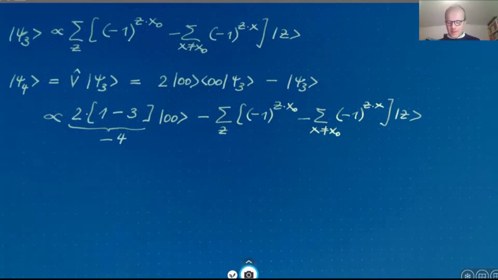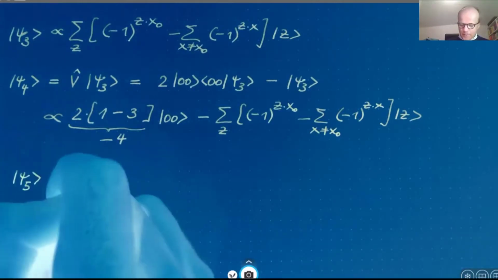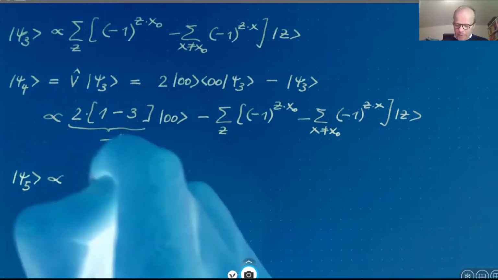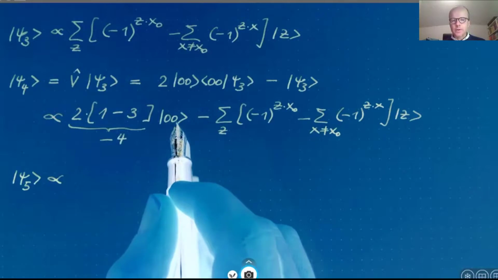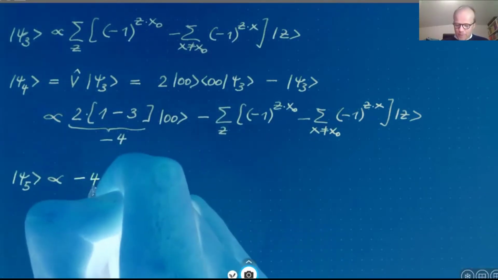After psi 4, after this 2-qubit gate V, the 2 data qubits yet again go through Hadamard gates. And this gives us the state psi 5, and this is the last step before the measurement. First, we have here the Hadamard gates applied to basis state 0, 0 with a prefactor minus 4.